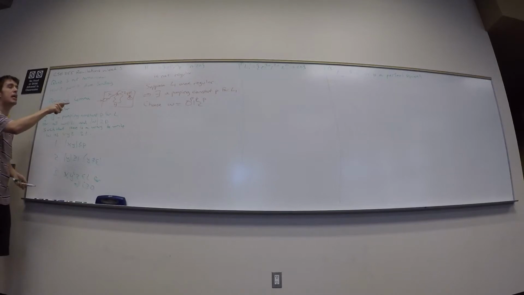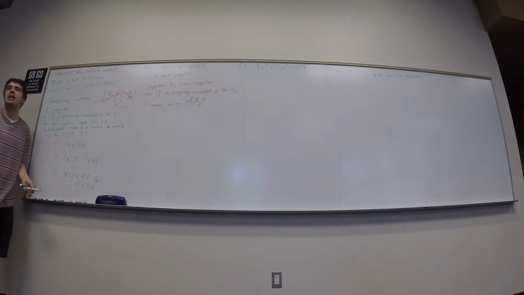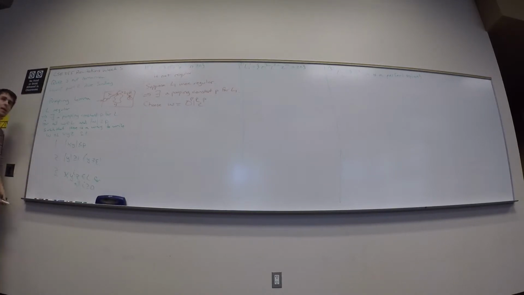So I gotta look at every way to decompose the string into X, Y, Z. Every single one. I can't leave any out because it might be the one way that works. So what do you think are the decompositions?